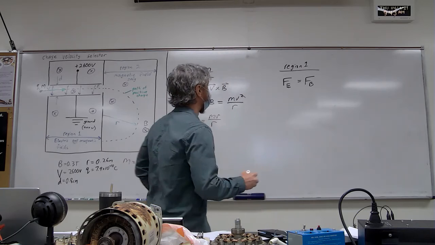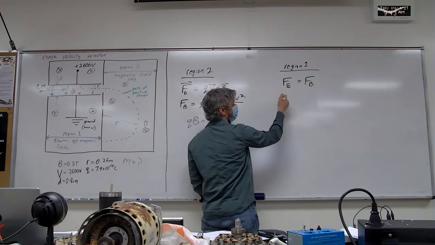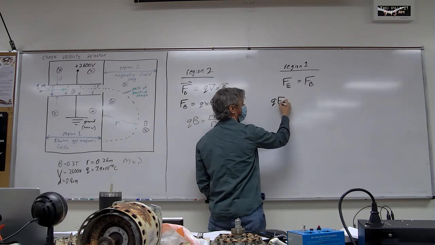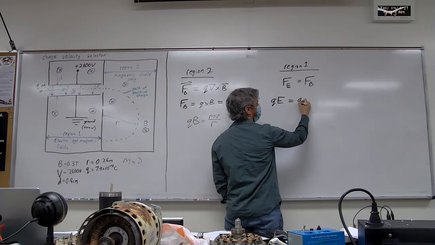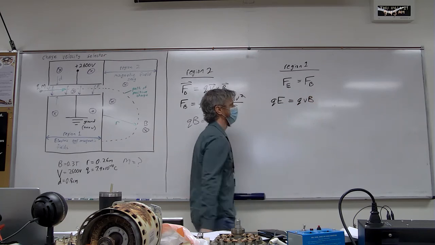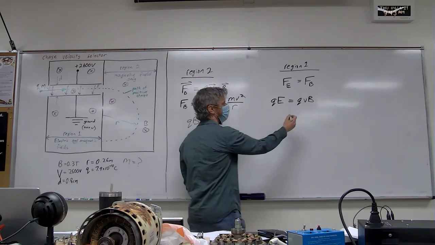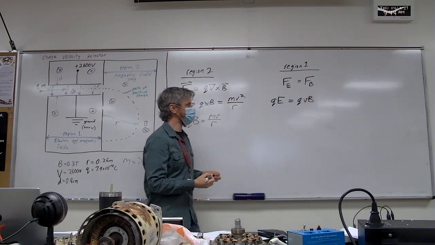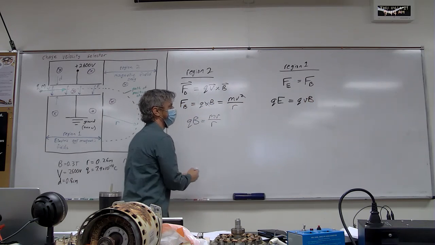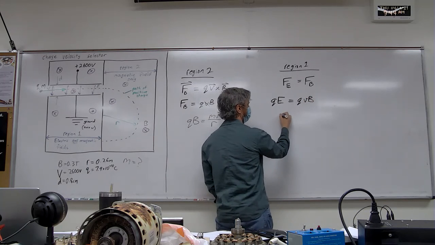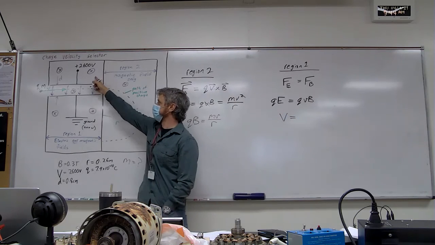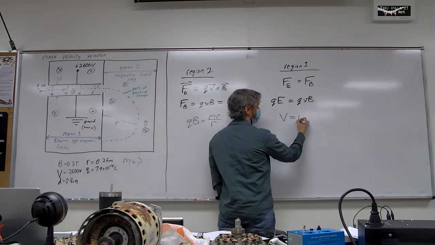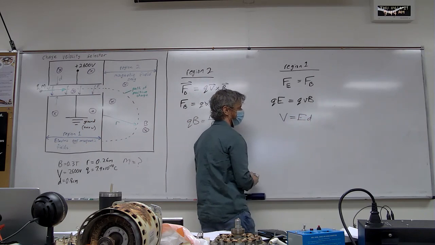Oh crap, okay. The electric force is Q times the electric field. The magnetic force is QVB, where this V is our velocity. The voltage difference, which in this case is just the voltage because the other side is at 0, is electric field times distance.